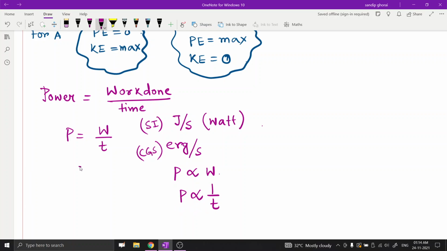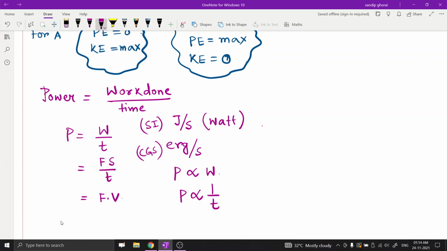And if we replace W with F s by T, we know s is displacement, t is time, and displacement by time is velocity. That means power is equal to force into velocity, because v is equal to s by t.